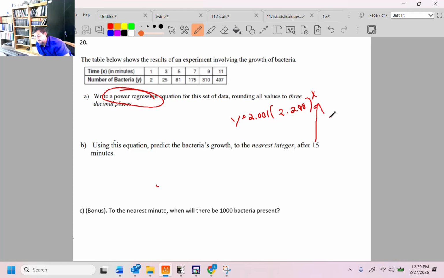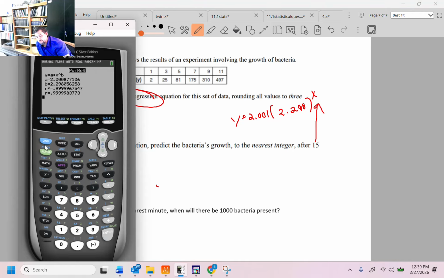Plug in a 15. That's part B. 2.001 times 2.298 rooftops to the 15th power. Something seems wrong.